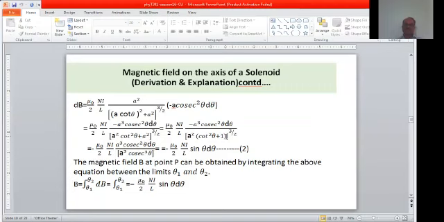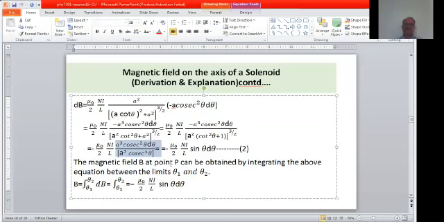And this cot square theta plus 1, by trigonometry, is cosec square theta. So that is written here. Then this cosec square theta and cosec cube theta get cancelled, and one cosec theta remains in the denominator, and the reciprocal of cosec theta is sine theta. Remaining things are there: that is minus mu naught by 2 Ni by L into sine theta into d theta. In this way, this equation is simplified.